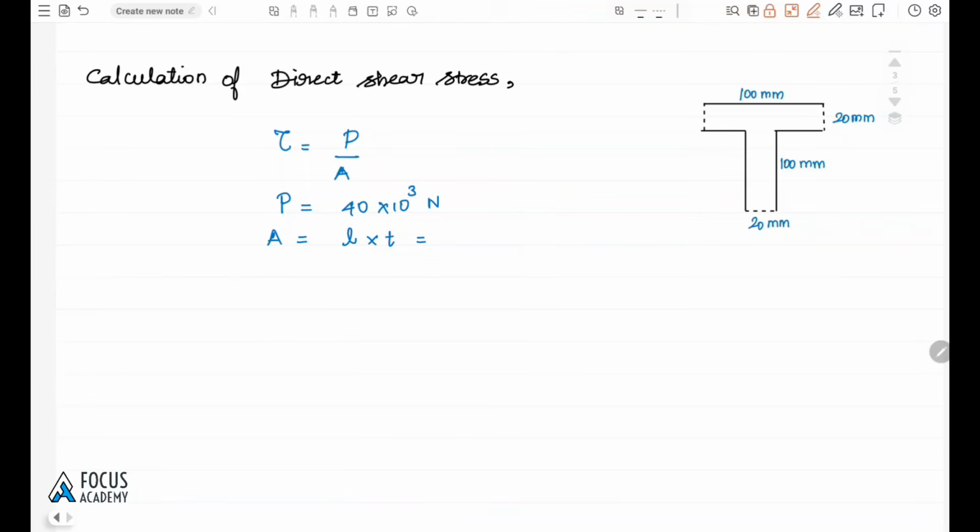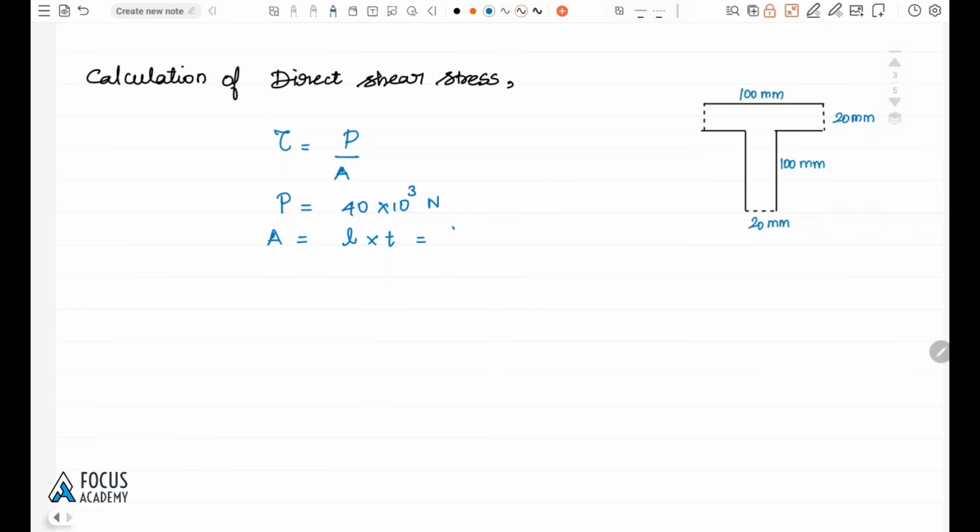The lengths of weld are 100 mm, 40, again 40, 100, and 100. We have to calculate the total length of weld. So 100 mm, and here 100 minus 20, that is 80 mm. So 100 plus 80 plus 2 hundreds, that is 2 into 100. These are the total length of the weld. One by one we can write this and calculate the area of the weld.